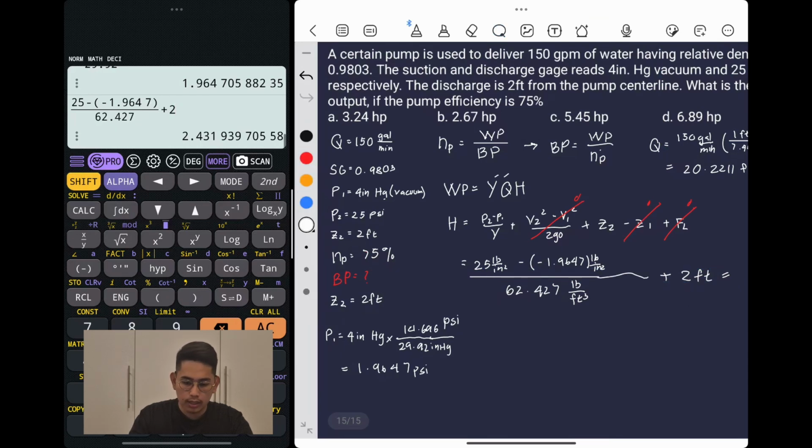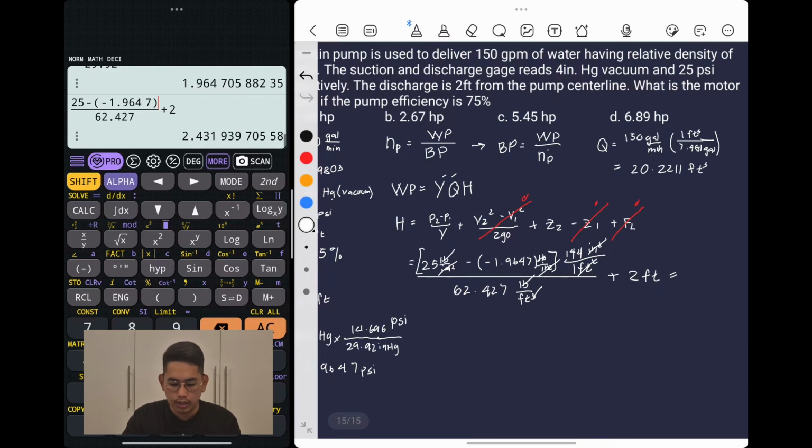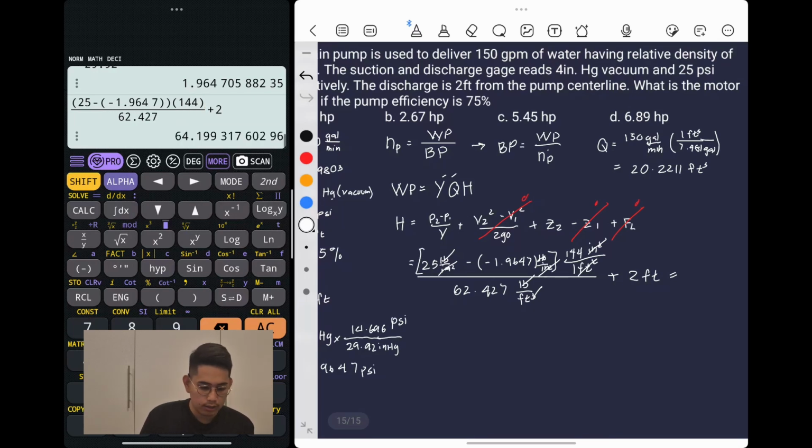Easy convert ang inches sa feet. So 144, or 12 inch, 12 squared is 144, or 1 foot square. So inches squared, sorry. So pounds cancel. Feet lang matitira. So ang sagot natin is times lang natin siya sa 144 in 64.199.